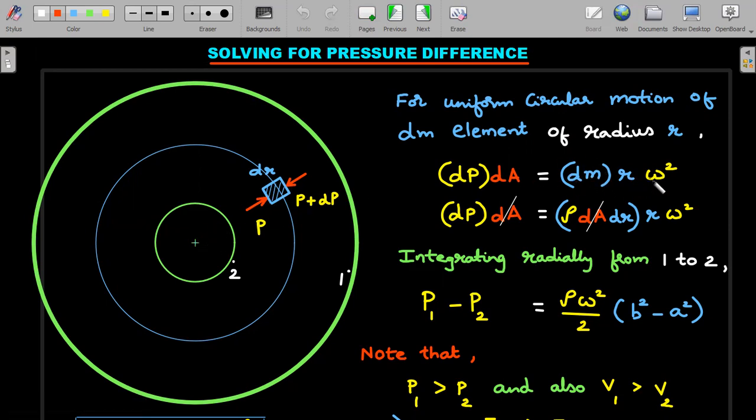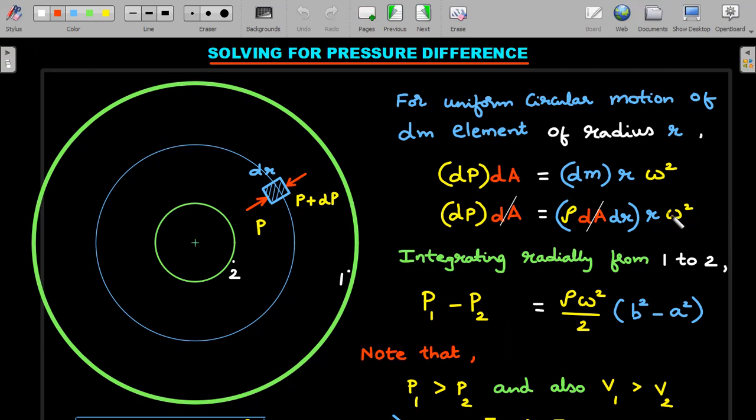So mass into the centripetal acceleration is dm times r omega square. If you write dm as density into volume, by writing dA into dr, dA can be cancelled on both sides. You get a differential value of the pressure dP as proportional to r into dr.